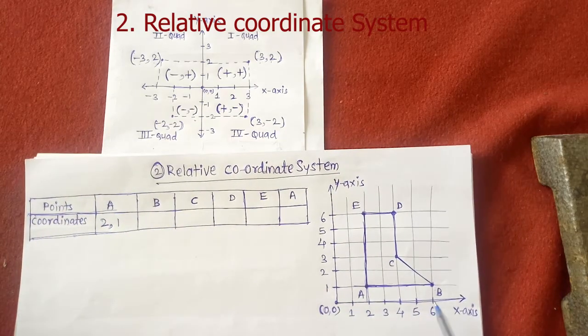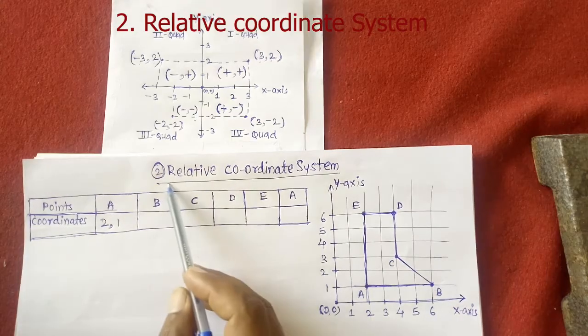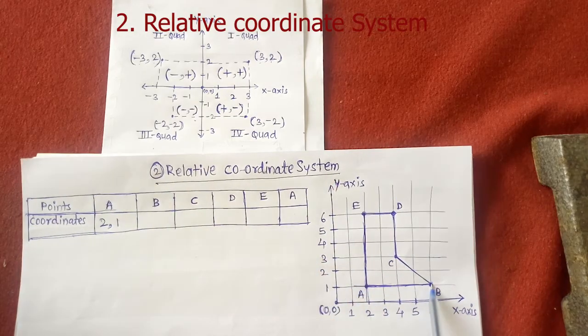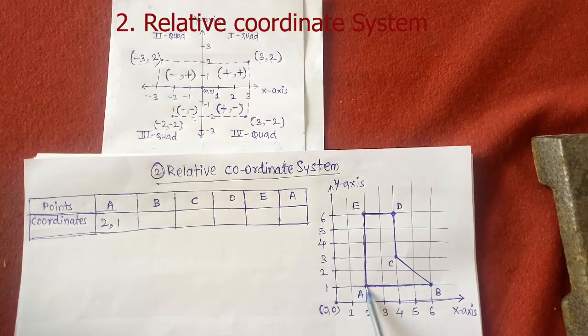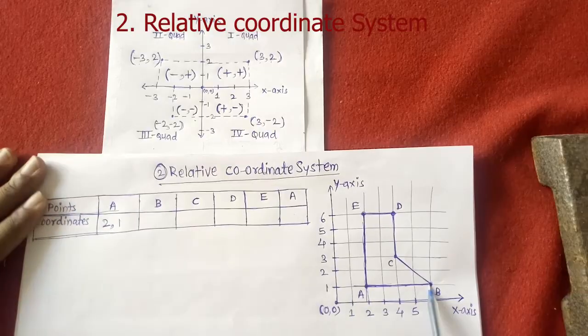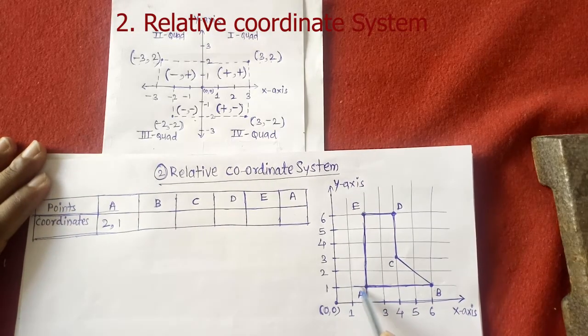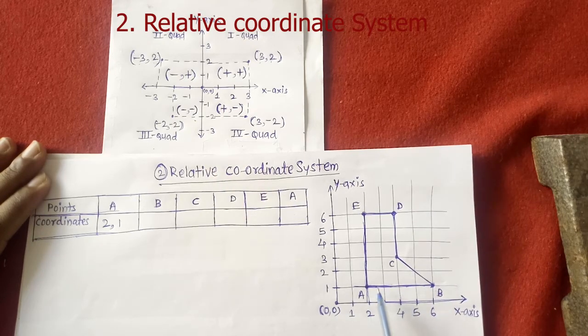After this, we have to calculate the coordinates of point B. While calculating the coordinates of point B in the relative coordinate system, we have to consider the earlier point as the reference origin, then calculate the coordinates of point B. So now A will become the reference origin for point B. The x coordinate will be 1 unit, 2 unit, 3 unit and 4 unit.